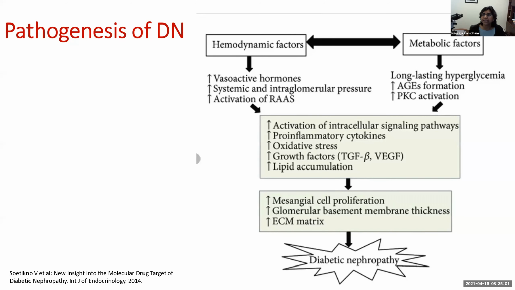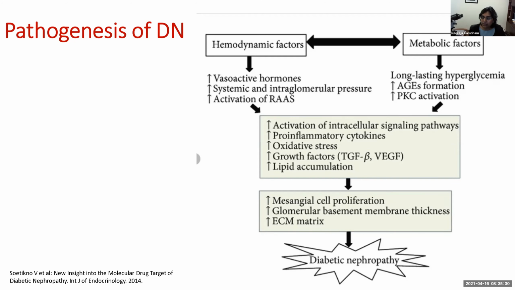The two broad things we think about are hemodynamic factors, that is pressure related factors, and also metabolic factors like hyperglycemia, prolonged periods of high glucose levels in the blood, and the pressures in the systemic circulation as well as in the glomerulus itself. All of these factors converge and cause diabetic nephropathy.